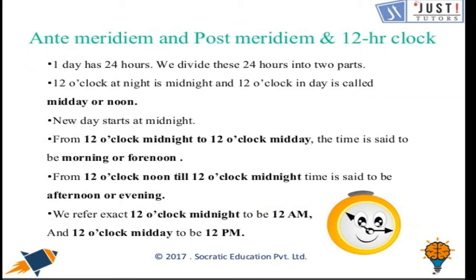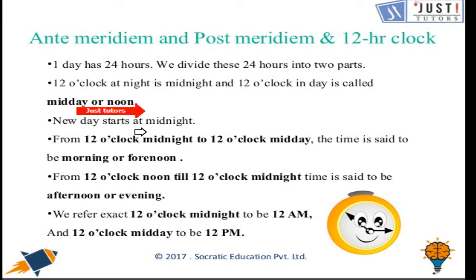Now let's move forward to the next slide and talk about ante-meridiem and post-meridiem and the 12-hour clock. So one day has 24 hours, and we basically divide these 24 hours into two parts. So 12 o'clock at night is midnight, and 12 o'clock in the day is called midday or noon.